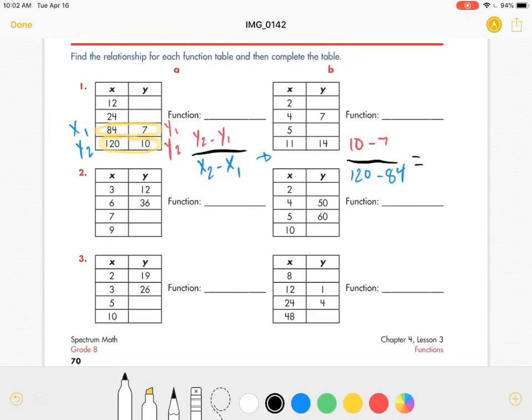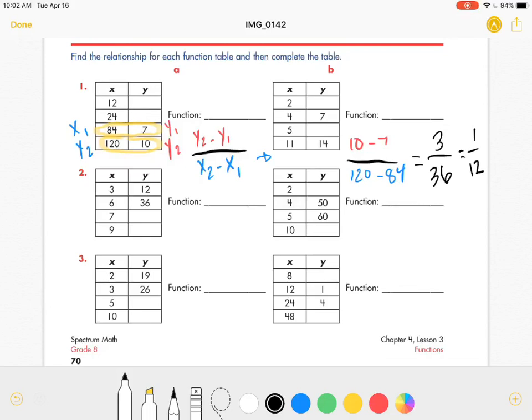So 10 minus 7 is 3. And 120 minus 84 is 36. So our new rate of change is 3 over 36, which is 1 over 12.